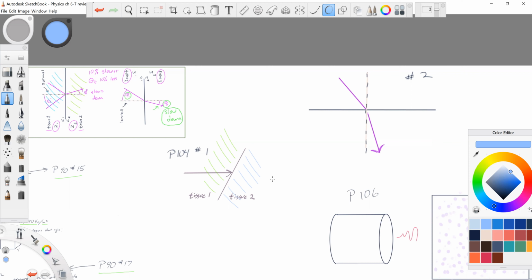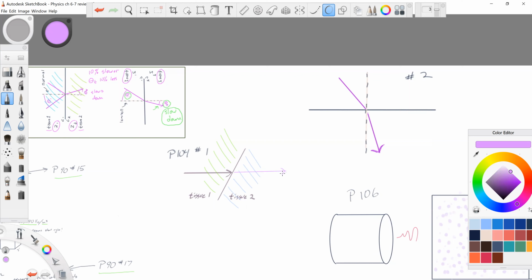Well, I guess they're not really giving us numbers, are they? And they're not saying anything about the speed of sound. So we're going to have to assume an identical speed of sound. So no refraction, C1 is equal to C2.